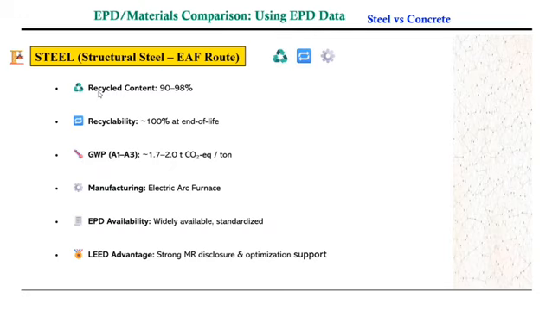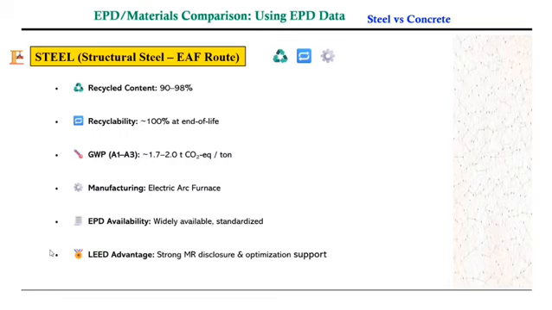Steel has recycled content of 98% and recyclability of 100% at end of life. GWP for A1 to A3, as I already mentioned in the last slide, is 1 point.